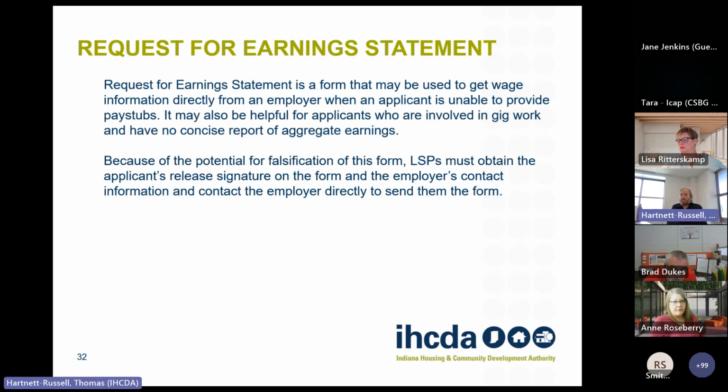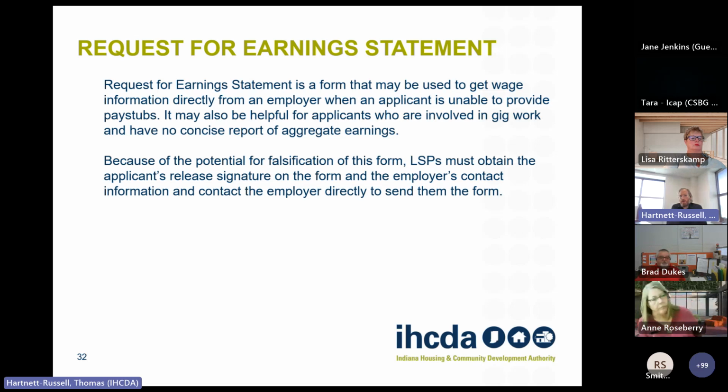I think I can say that if you are going to give it to the applicant and have them return it to the employer, I would still advise you to get the contact information so that if you don't get it from the employer, you are able to follow up with the employer.